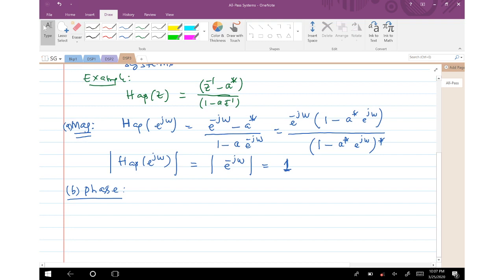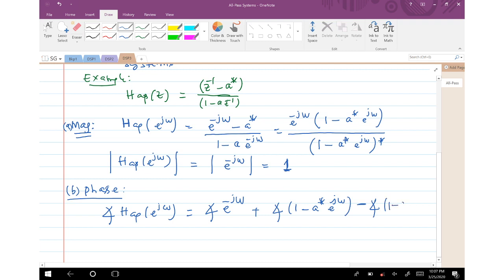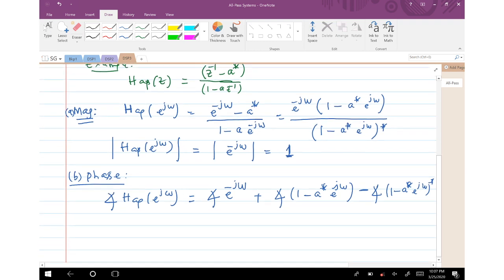Again, let's take it from this expression, as a rational function, with e power minus j omega taken common. So the phase of H_ap of e power j omega, as we discussed in the earlier classes, is the phase of e power minus j omega, plus the phase of 1 minus a conjugate into e power j omega, and then since it's in the denominator, minus the phase of 1 minus a conjugate e power j omega conjugate. This is what we need to find out, right?